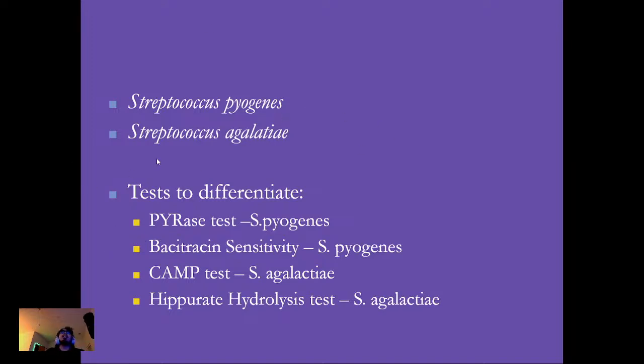Pag sinabing what tests are used to differentiate, chained gram stain cocci or gram positive cocci in chains isolated from blood or the throat, ganon. Isolated from a blood culture of a 37-year-old male. Diba? Bibigay doon yung medical history.